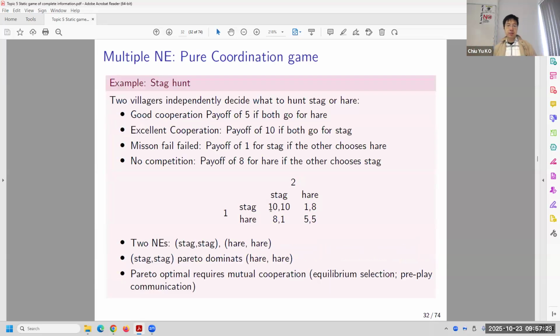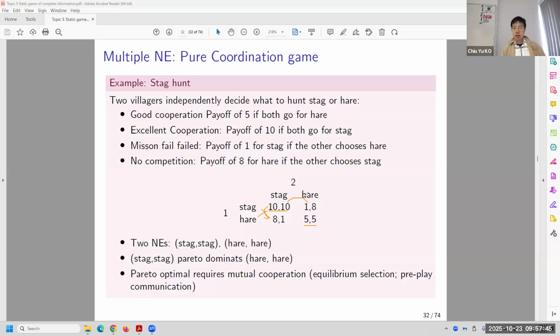And this is a coordination game, the stag hunt game. Okay. And we know that the equilibrium would be this one and this one, right? Because in this one, player one doesn't want to deviate to here. Would player two want to deviate here?